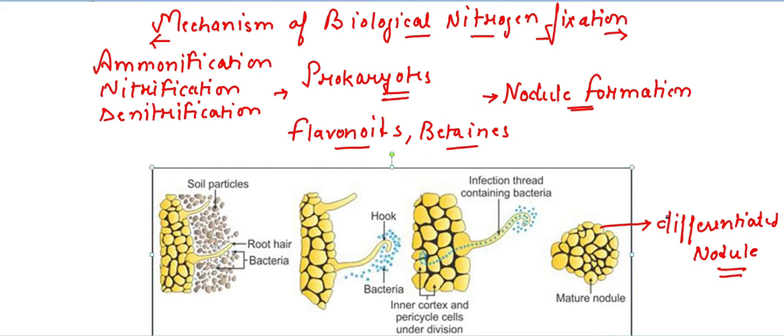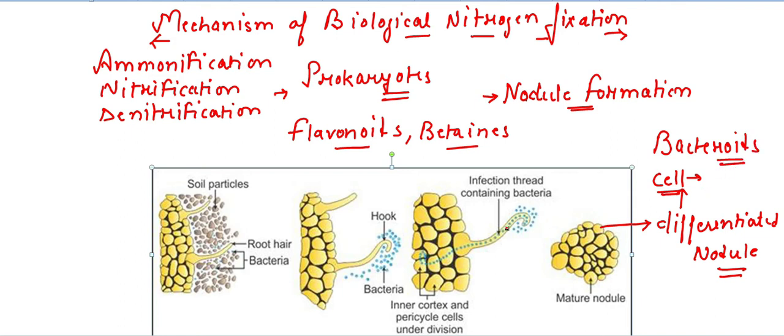Now in the differentiated cortical cell after nodule formation, the bacteria stop dividing and are enclosed in the host cell membrane, and this aggregation of bacteria is called bacteroids. Please don't get confused here.